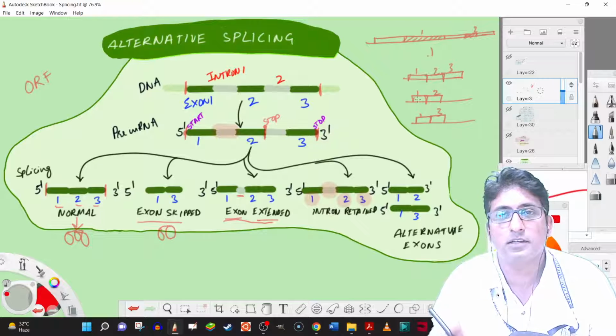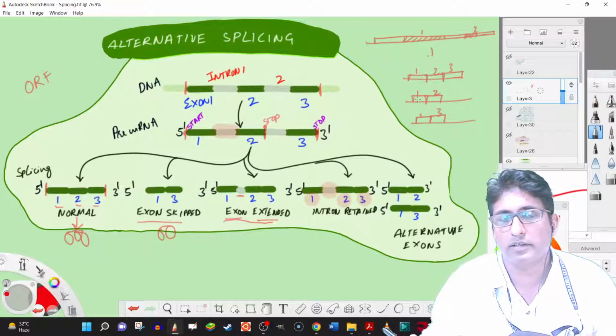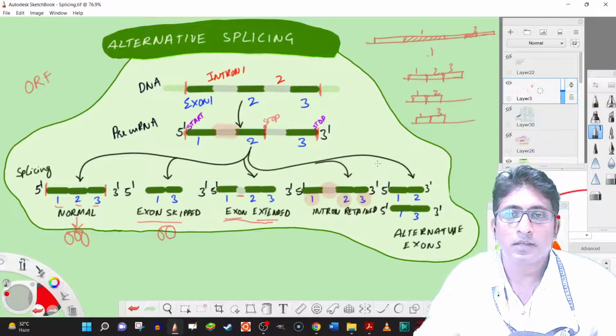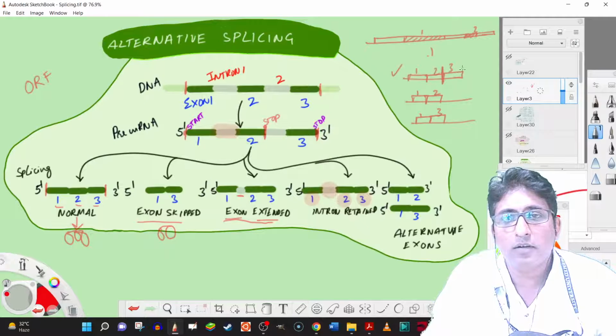All it needs is an open reading frame. From the start codon, it will read the codons continuously, and whenever it comes across the stop codon, termination of translation occurs. So here we have the normal type, and we have a stop codon here and also here.